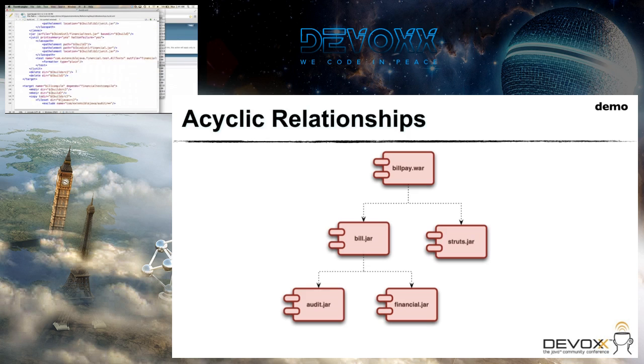And we'll see that down here, here's the bill compile. So I include in the bill class path the audit and the financial modules that I built. Now, would I put all of this in a single build script in the real world? Probably not. I might separate it out, structure it a little bit differently. The point here, though, is there are several advantages to this. Not just today, but also moving forward.